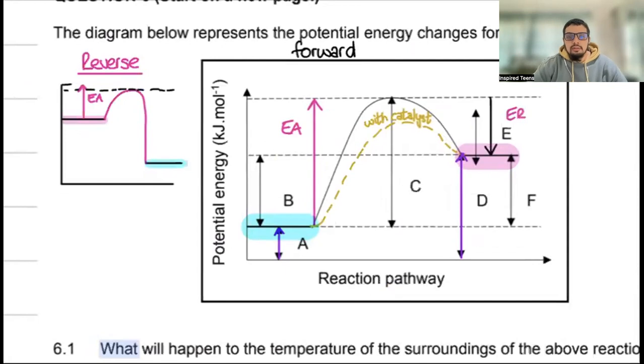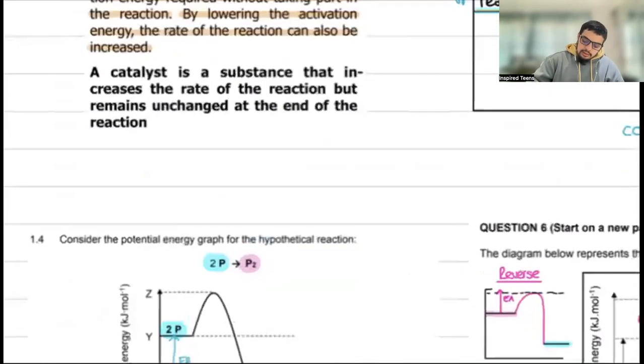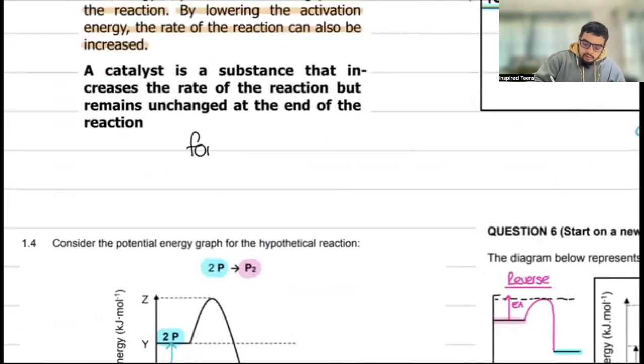So does it mean when they ask for the reverse reaction, we change the graph? Yes, exactly, precisely, correct. If the forward is endo, the reverse is exo, and vice versa. Let's write that here. I'll write it neatly somewhere before I give them the notes.